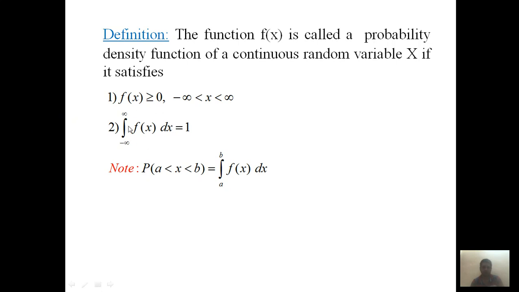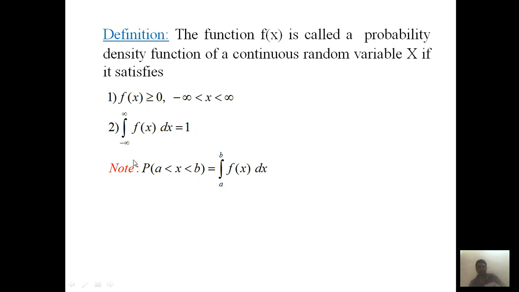The second condition is the same thing. In a discrete random variable the sample space is countable, so we consider a summation, but for a continuous random variable the summation is replaced by the integral sign, and the right hand side is the same.